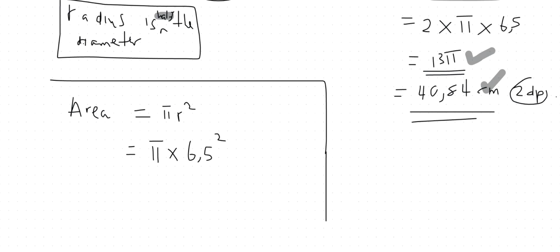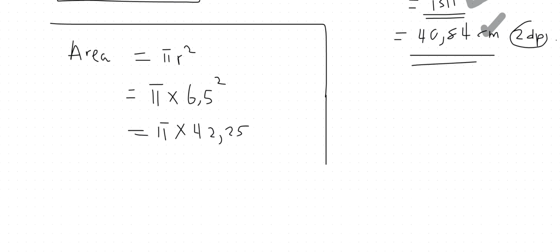It gives me 42.25. If the question had asked me to leave the answer in terms of pi, the answer was going to be 42.25 pi. But in this case, we are going to leave our answer to 2 decimal places, so I'll just multiply by pi. It gives me 132.73.